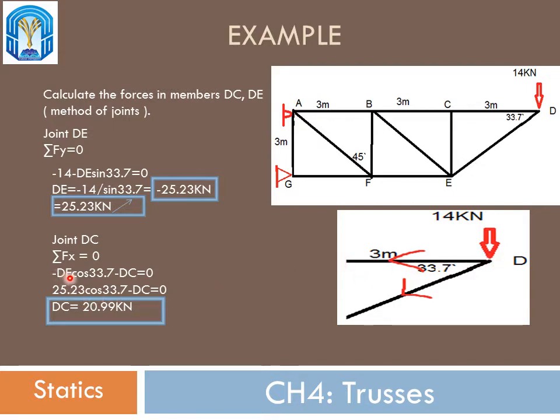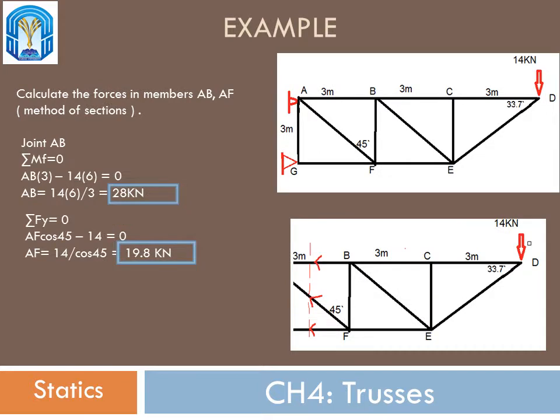We found this force before, it's positive 25.23, so 25.23 cosine 33.7 minus DC equals 0, and DC equals 20.99 kilonewton. And now we have found the force in DC. This example is about the method of joints.